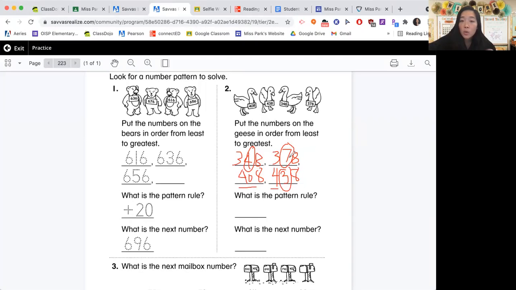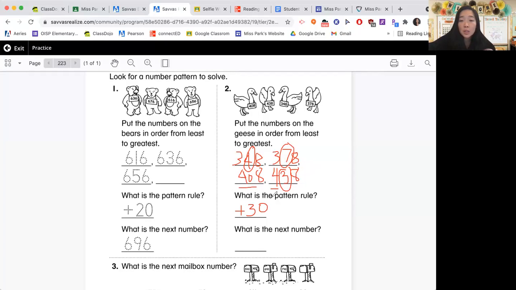Same with here. When you go to 70, 80, 90, 100, you can't put the number 10 in the tens place. It needs to be a single digit. So you need to regroup. And that's why it says 408. And then if you add 30 again, then you get 438.